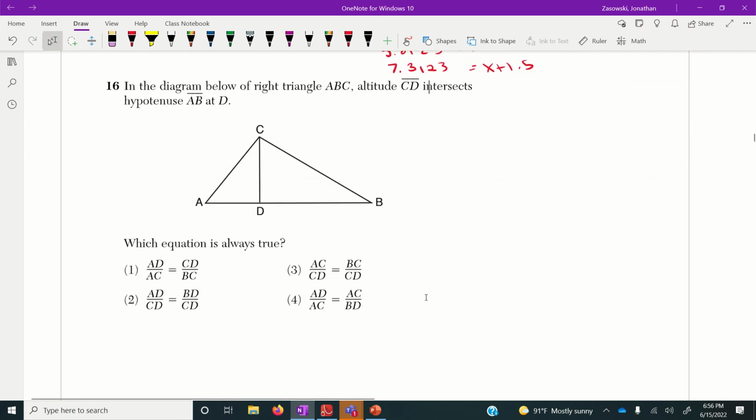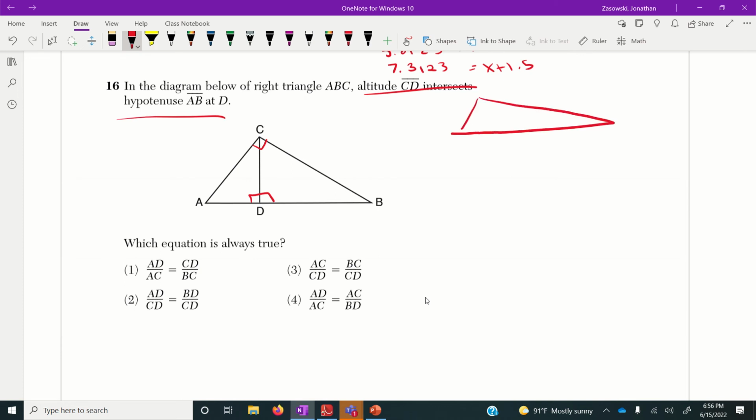All right, number 16, I'm seeing the triangle where we are cutting one triangle into 3 triangles. So it says altitude intersects the hypotenuse. That's another reason we know this. So we're going to draw out our 3 triangles. One big one, so A, C where the right angle is, and B. Okay, a medium-sized one that represents the triangle on the left here.